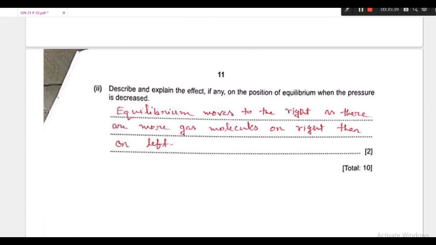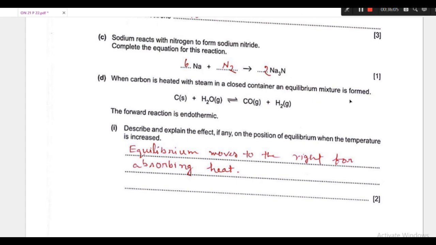Now, describe and explain the effect, if any, on the position of equilibrium when the pressure is decreased. You know, if pressure is decreased, equilibrium will move to the side with the greater number of moles. Now count the number of moles. Here 1 mole gas, the solid you will not count.